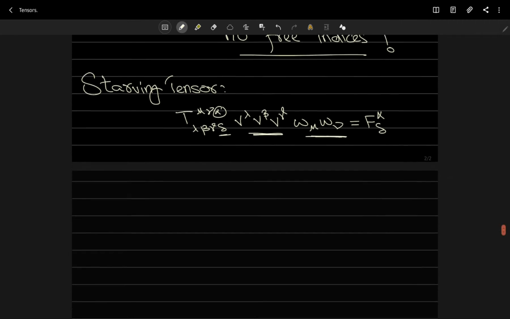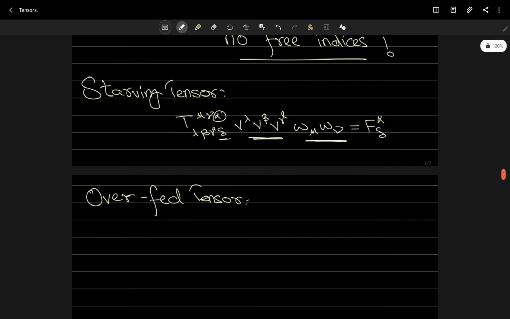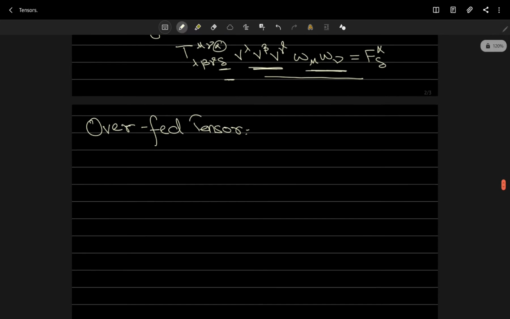Similarly, we have another one that is called an overfed tensor. You could think of these tensors as if they are eating these indices. If you do not give it the indices that it already has from this vector space, it is a starving tensor. Now in the overfed one, you provide it with another extra index.